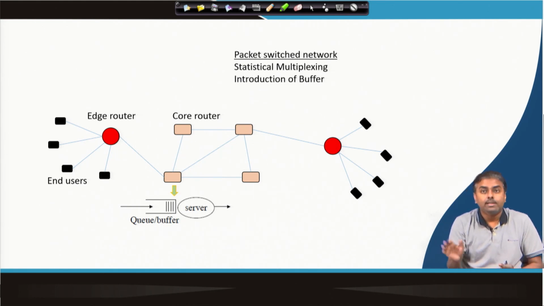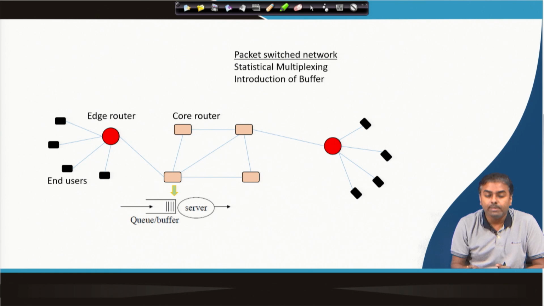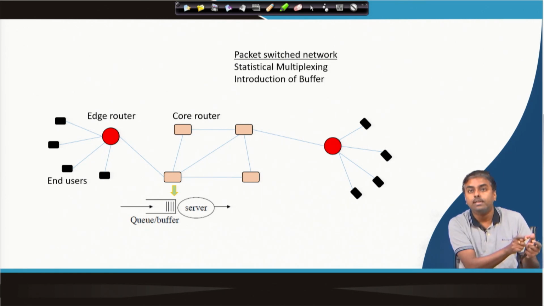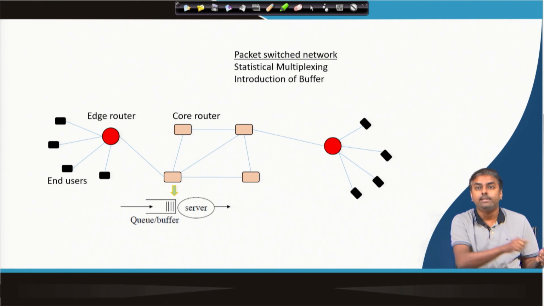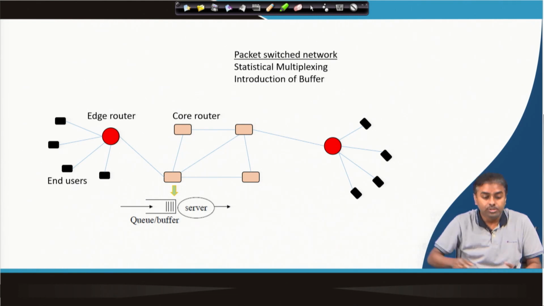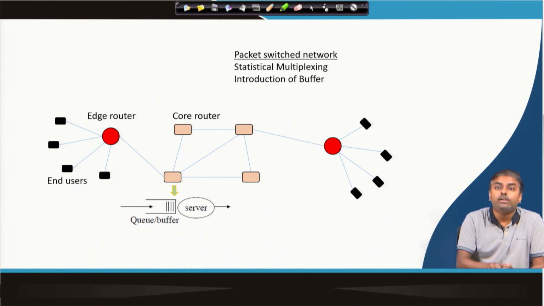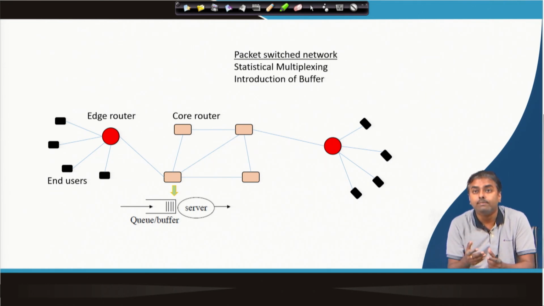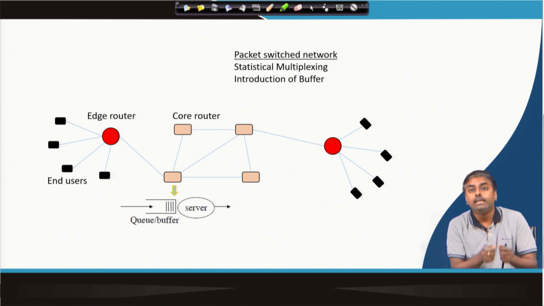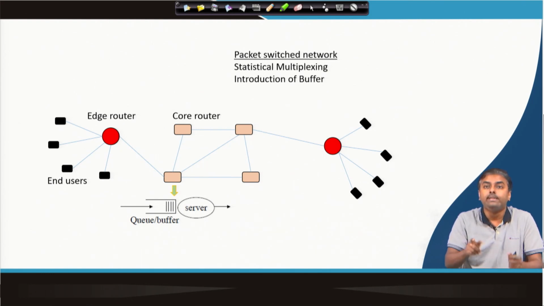For packet switch network there is nothing like that, you do statistical multiplexing. So, what you do at every router is, because the data now is appended with a header, the header carries the information about where it is generated from and where it wishes to go. So, every packet is switched according to its header. Every router reads the packet, and packet by packet it does switching.